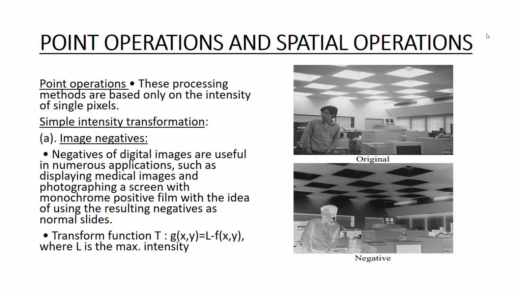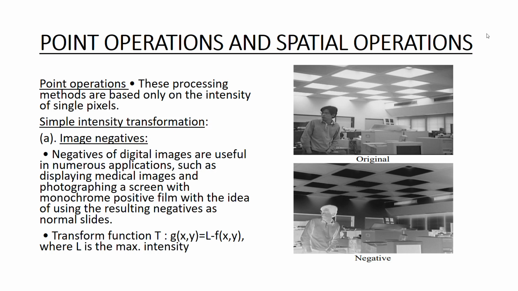So what are point operations and spatial operations? Point operations, these processing methods are based only on the intensity of single pixels. Under image intensity transformation, first it comes under image negative. Negatives of a digital image are useful in numerous applications such as displaying a medical image and photographing a screen with the monochrome positive film, with the idea of using the resulting negatives as normal slides.